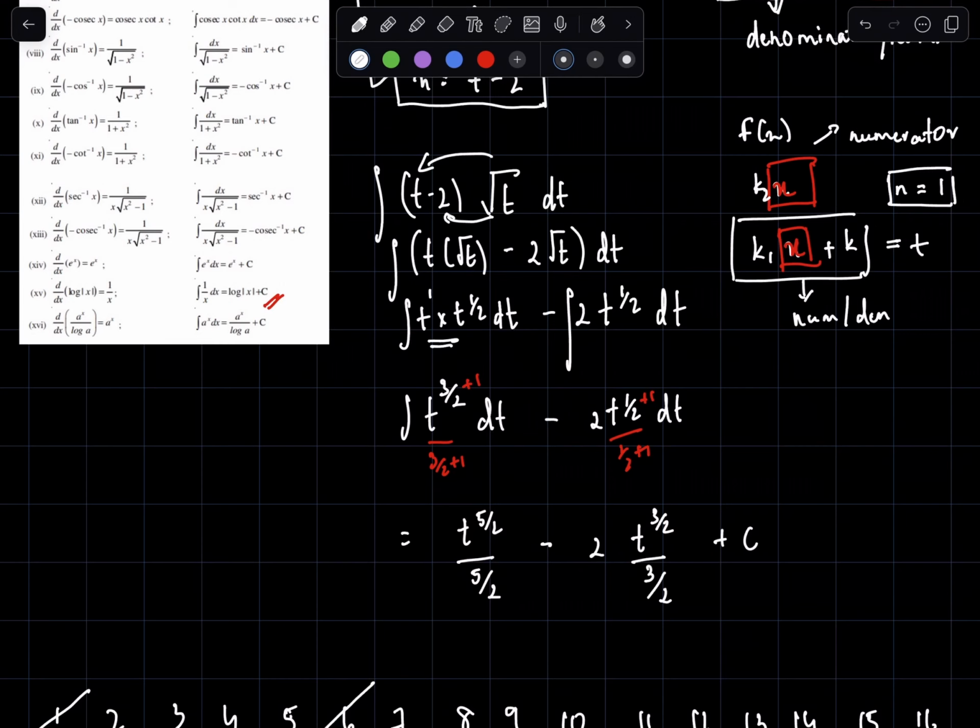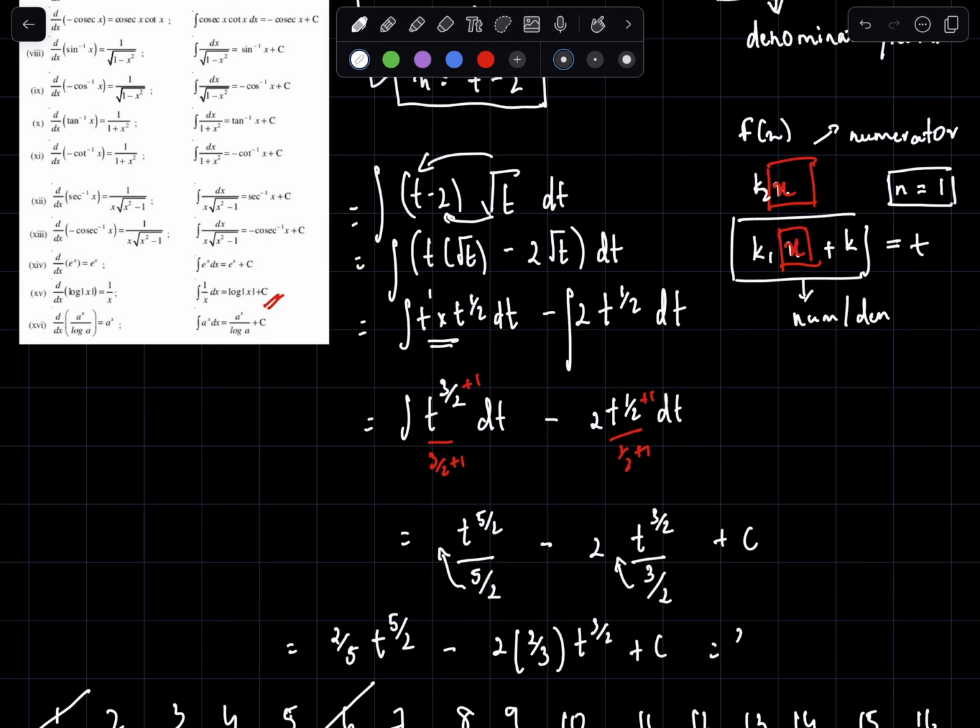Now all of these are equivalent. So this will be equal to, let's do this. Now 5 by 2, if I bring it here, becomes 2 by 5, and this becomes 2 by 3. So this is 2 by 5 t raised to the power 5 by 2 minus 2 times 2 by 3 times t raised to the power 3 by 2 plus c.